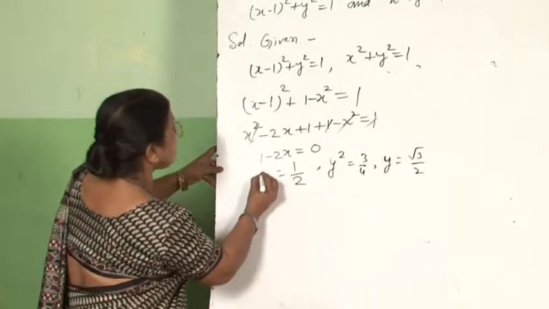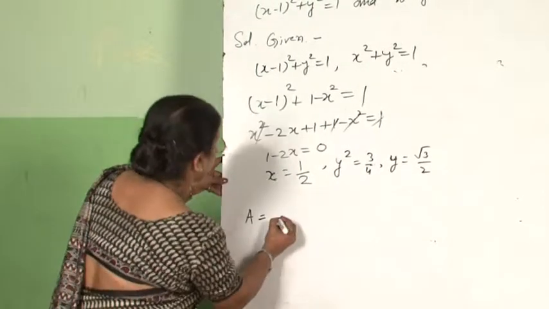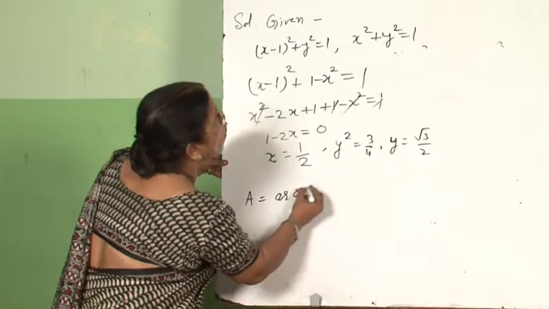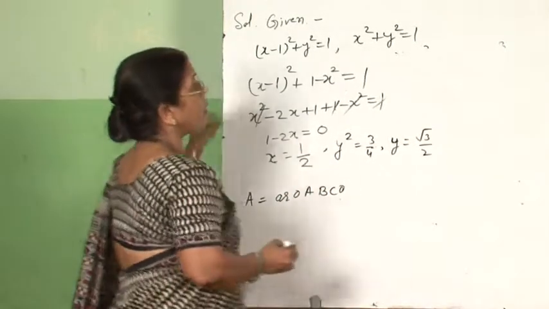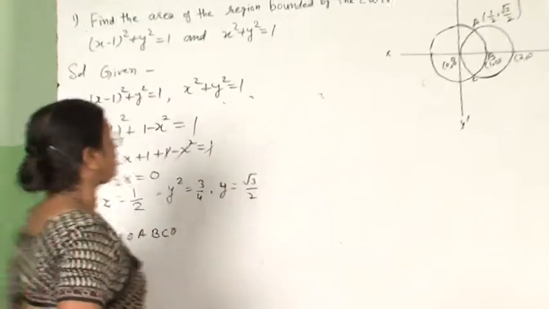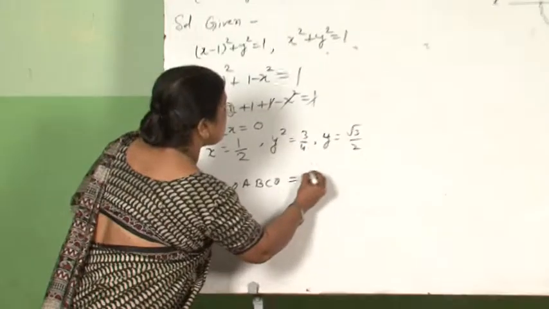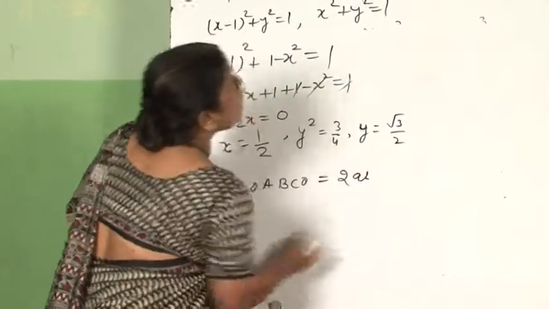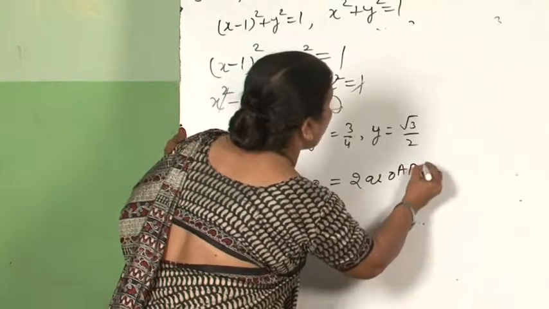Now, area of the bounded region is equal to area of OABCO. But this figure is symmetric about x-axis, so we can write this as 2 times of area of OABO.